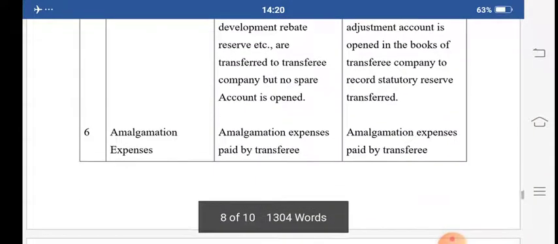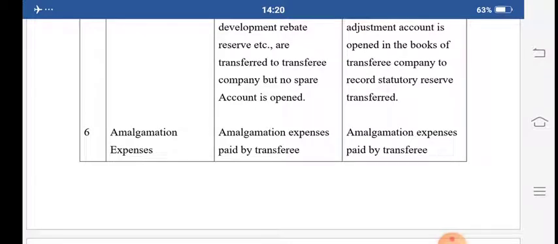Next, point number six, which is the amalgamation expenses. In the pooling of interest method, amalgamation expenses paid by the transferee company are adjusted to reserves and surplus.